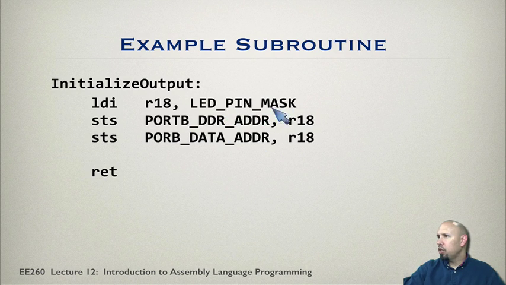Here are some things that you can do with this. So load immediate register 18 with this pin mask, and so forth. This is the entry point for the function, and then you return. Notice that unlike C, where you would say return blah blah blah, here there's no void, nothing that indicates the data type.